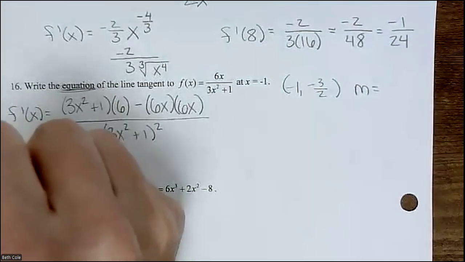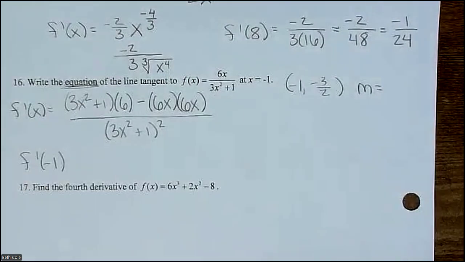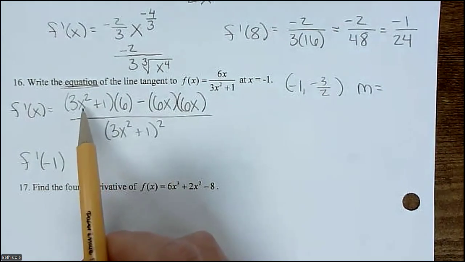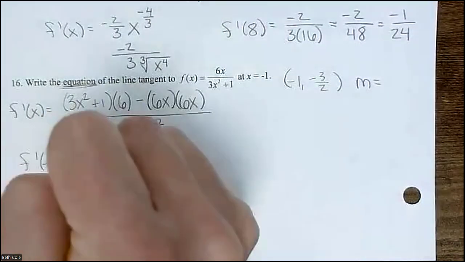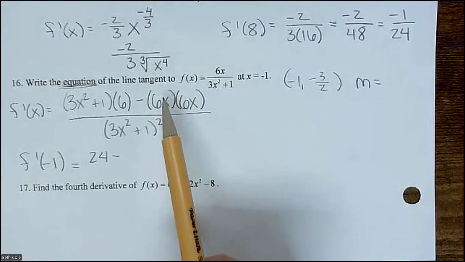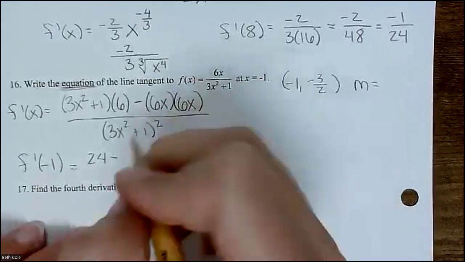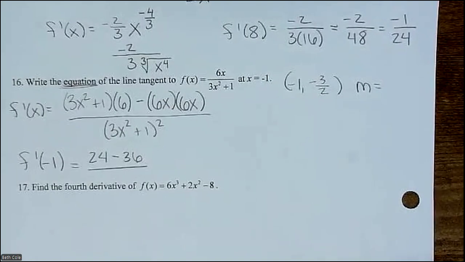Now, what are we going to plug into our derivative? Good. That's your point of tangency. So let's see. That'll be 4 times 6, 24, minus, that would be -6 times -6, so 36 over 4 squared.